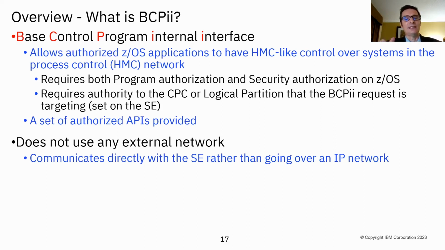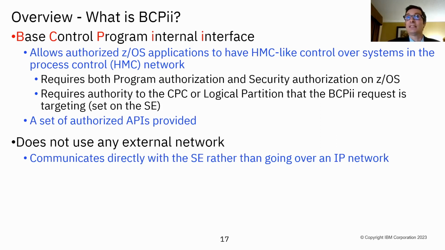Instead, it uses a direct interface to the hardware through the lower levels of the operating system, and actually issues a hardware machine instruction to facilitate that communication. This means that BCPii has about as close to 100% availability as you're going to have, and there's nothing to do with networking outages or anything of that nature.